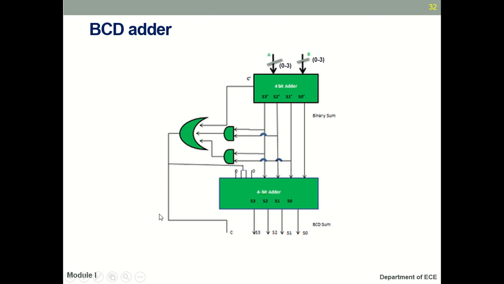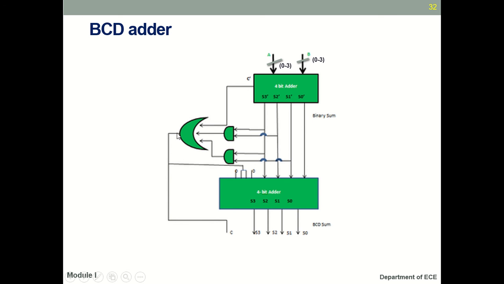One important thing is, when you add two BCD numbers, your output will be a binary sum only. If this binary sum is above 9, then you have to implement this function: C dash plus S2 S3 dash plus S1 S3 dash.